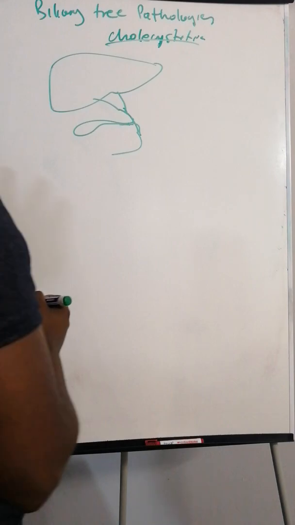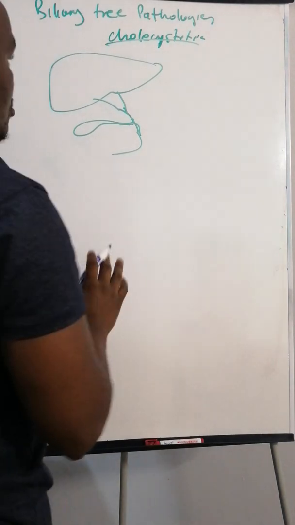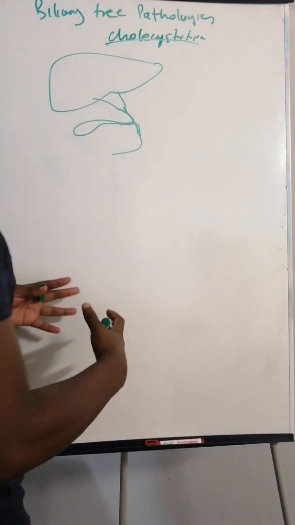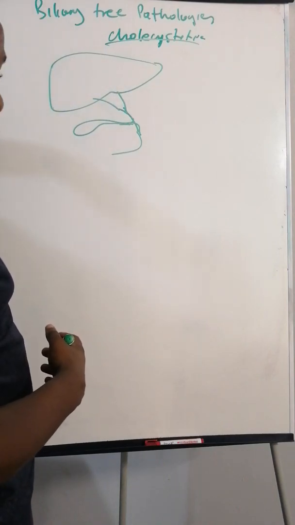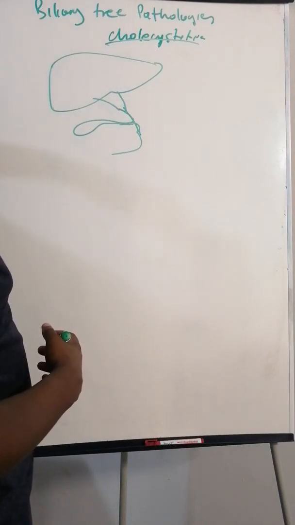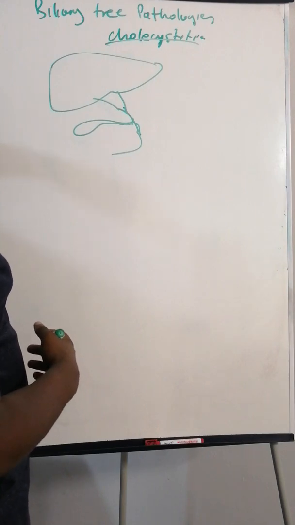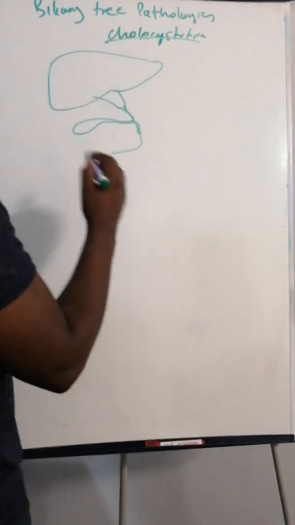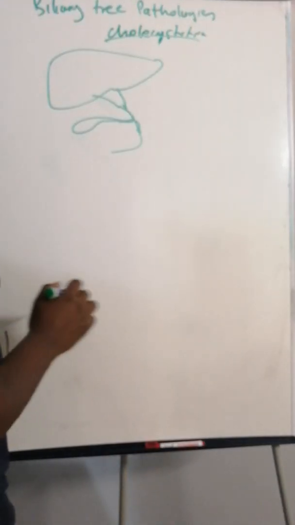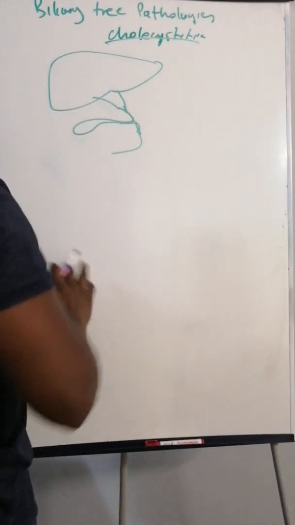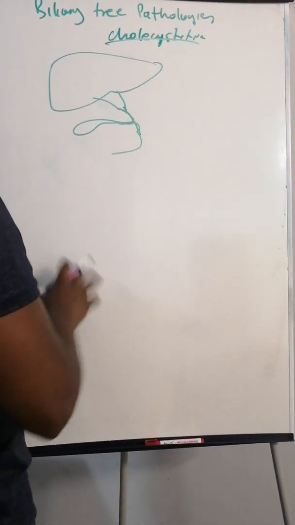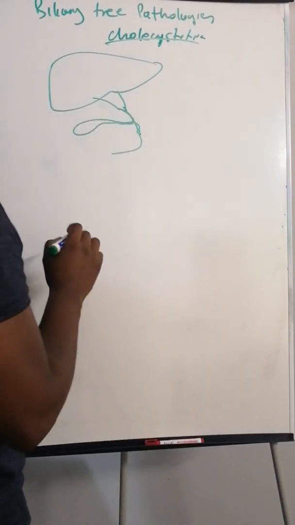So we said yesterday, because this is like a continuation, remember, cholecystitis is a complication of cholelithiasis. So that's why it's important to understand cholelithiasis. So we said yesterday that the stones can be pigmented stones or cholesterol stones, but that doesn't matter at this point.